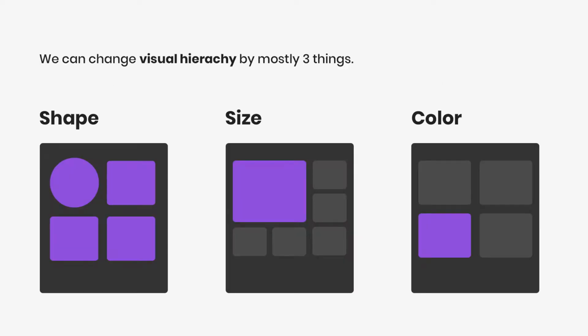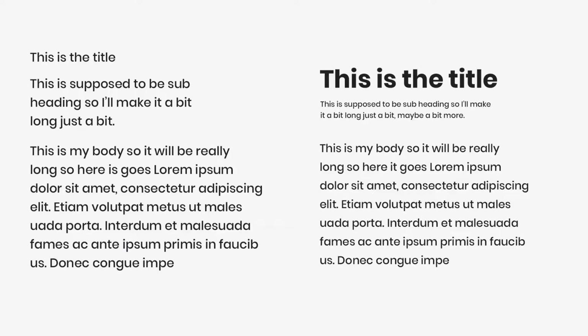We can change our visual hierarchy of our elements by mostly three things, which are shape, size, and color. For example, if we want to design a screen where we just want to display some information like this right here, so we need to make sure that people see what you want them to see first.